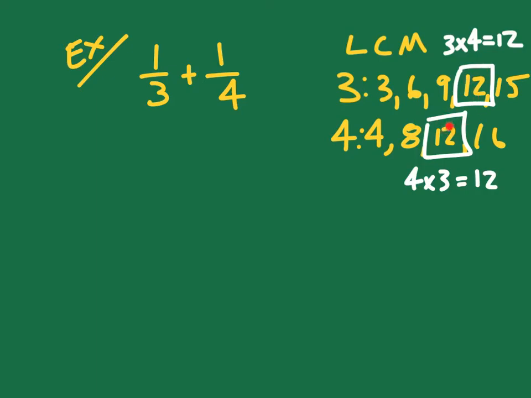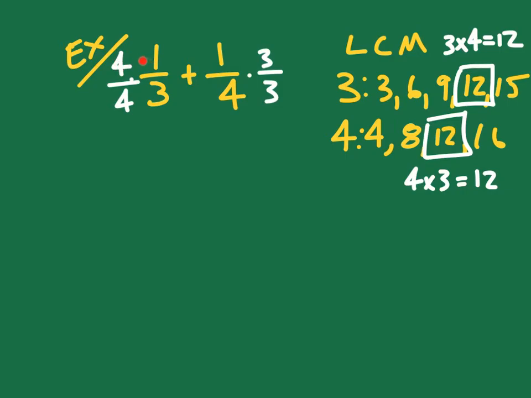In this case, it's going to be 12, and it also tells me what I need to multiply in order to get 12. So one of the rules of thumb is that I simply take the other denominator and multiply it by the top and bottom part of my fraction here. So if I multiply this by 3 over 3, and I multiply this fraction by 4 over 4, then that's going to give me a common denominator.